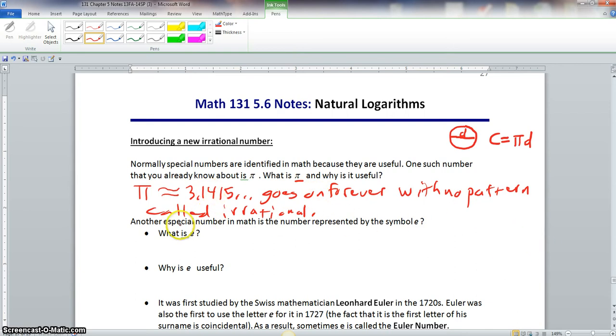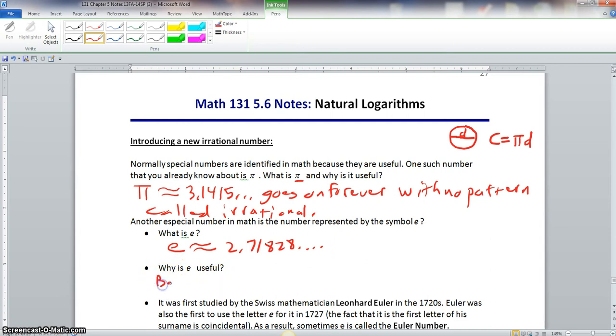Now, another special number in math is the number represented by the symbol e. What is e? e is approximately 2.71828 and it goes on forever. Now, why is e useful?